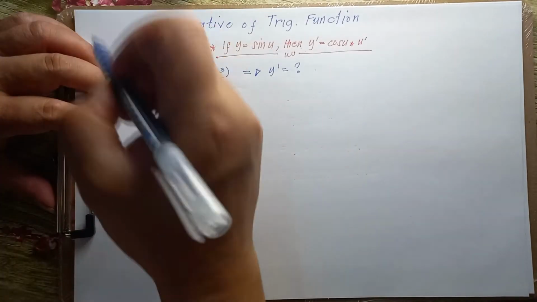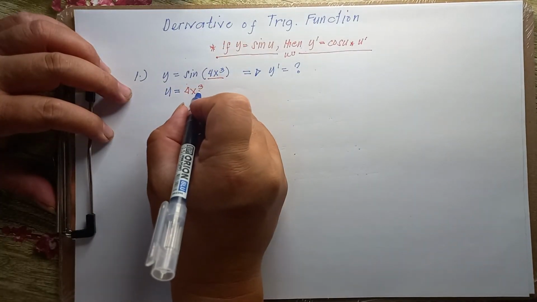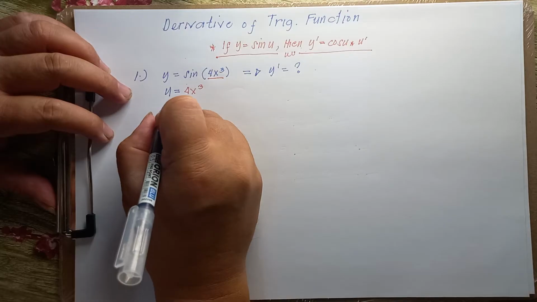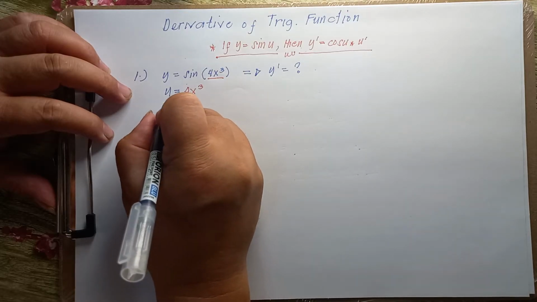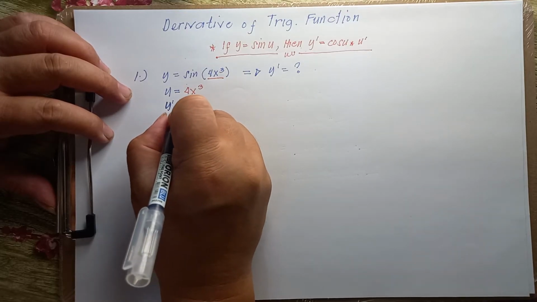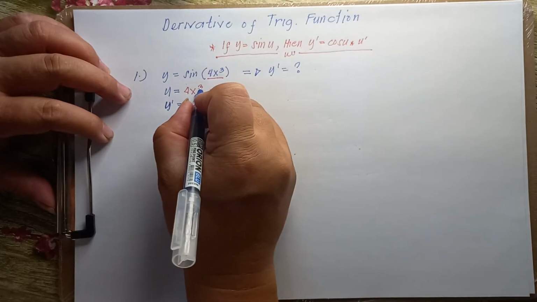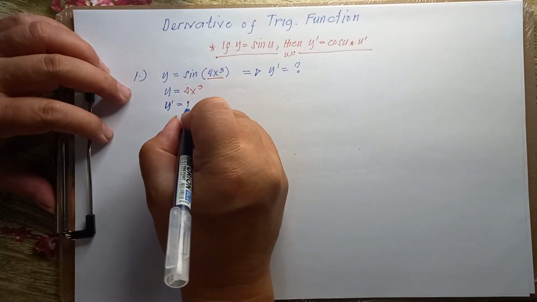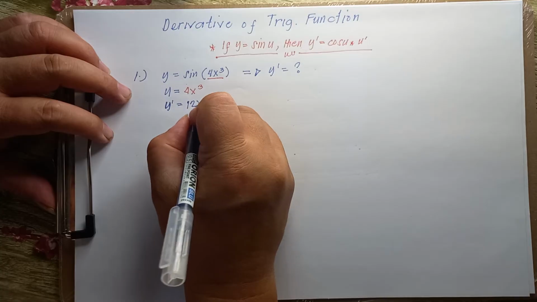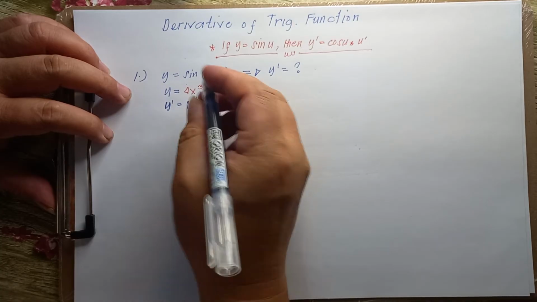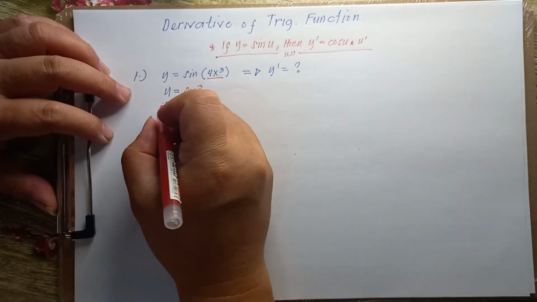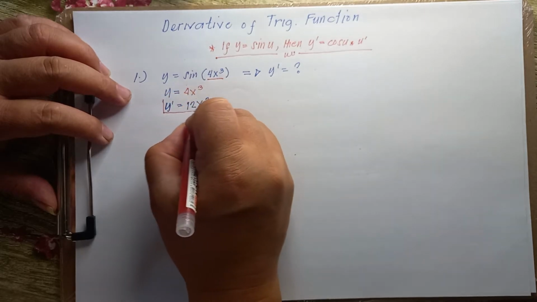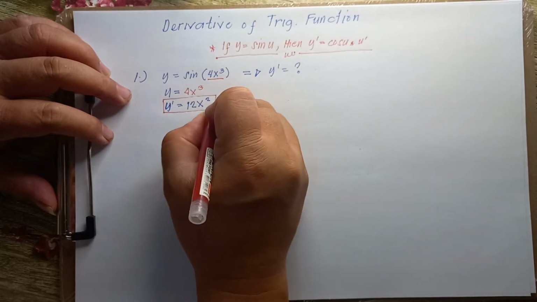Now it says in here, we will get the derivative of this u. So what is the derivative? We have in here 3 multiplied by 4, we have 12, and then of course x raised to 2. So that is the derivative of our u.